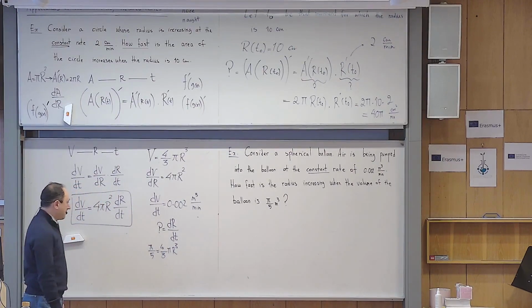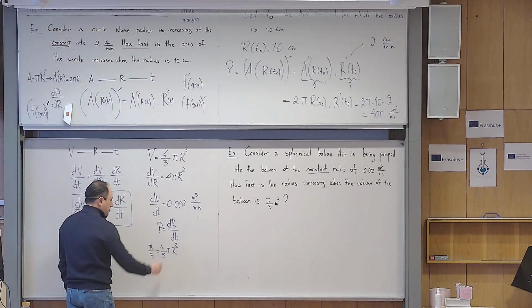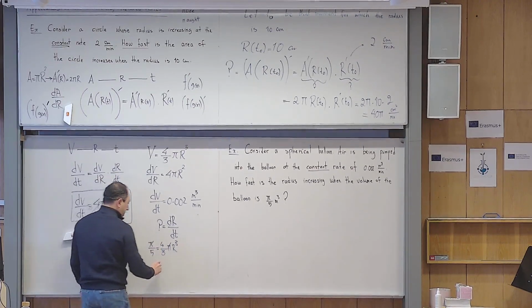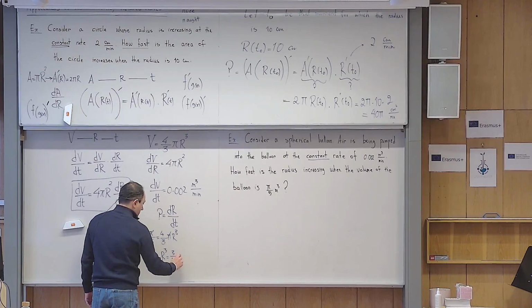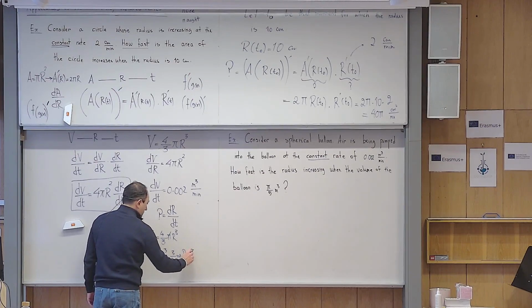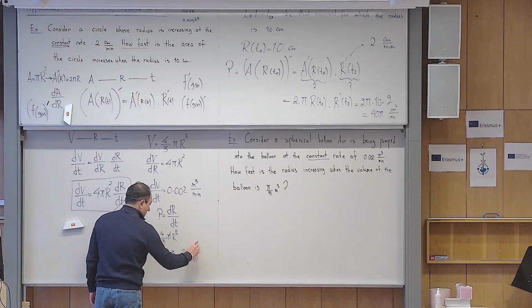Agree? And then I want to find R. So pi and pi are gone, and this becomes 3 over 20. So R cubed is 3 over 20. So what is R? R is the cubic root. It is in centimeters. No, it is in meters.